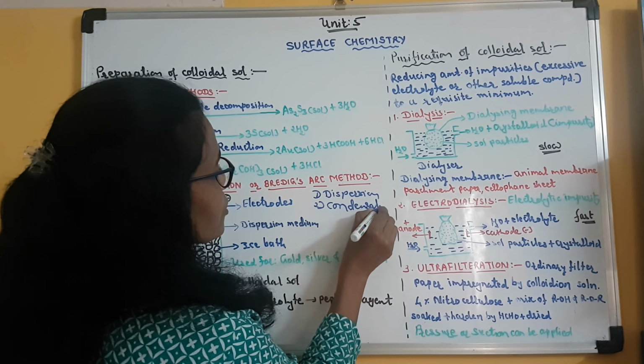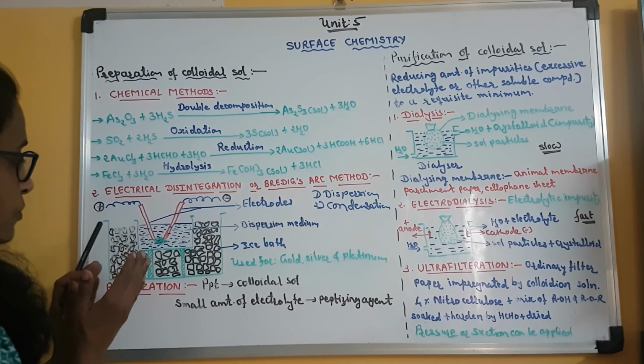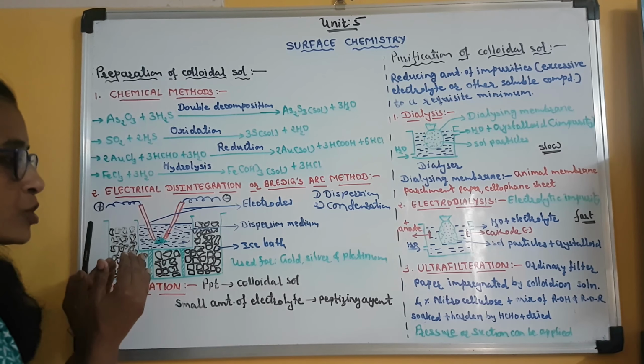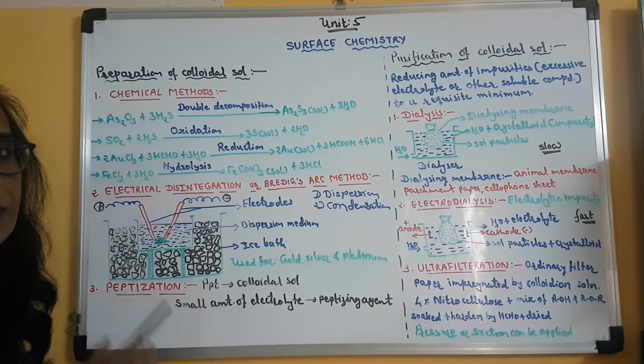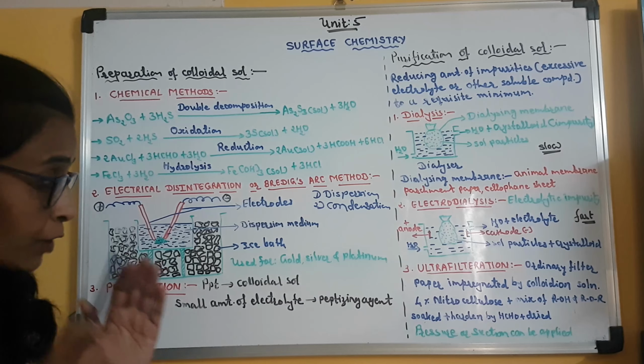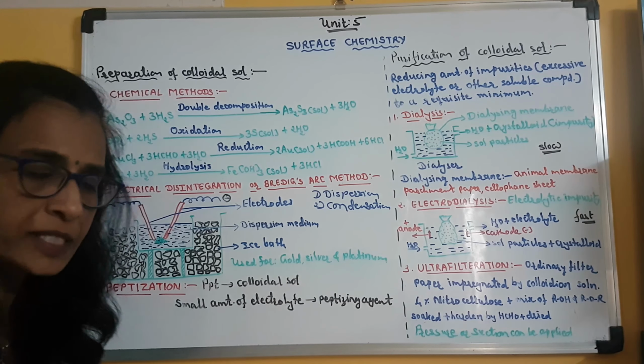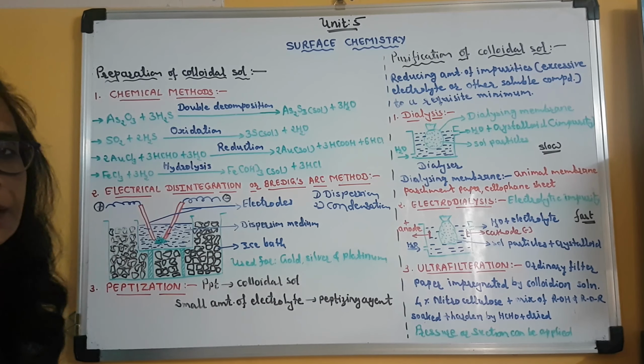So a combination of these two will help us to prepare the sol. First of all, which types of sols can be prepared by this technique? Gold, silver and platinum. If we want to prepare the sol of any of these three metals, then we have to go for the electrical disintegration method.